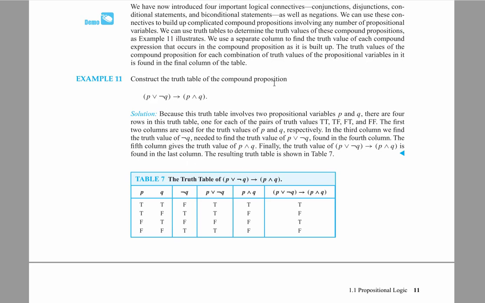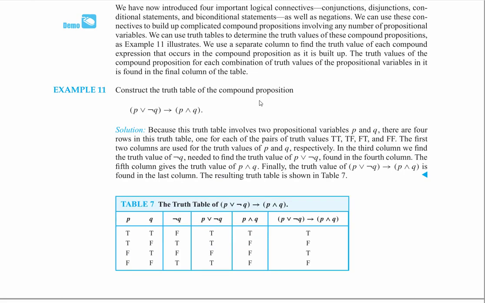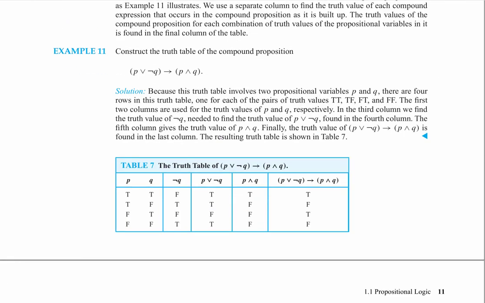Here's a compound proposition. It just has P and Q, so just 4 rows. And again, you can work out each piece and give it a column.